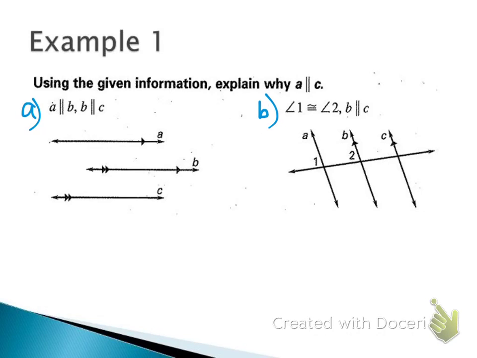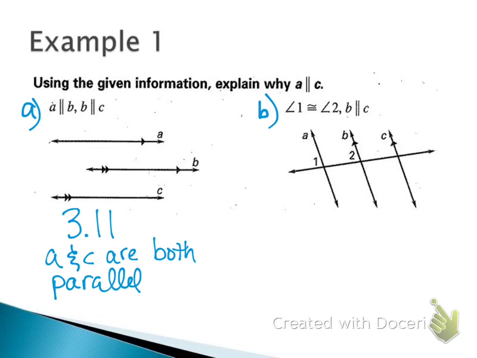Theorem 311 doesn't mean a whole lot to us in general. So we could say that because that's what we just talked about. Or you could say that A and C are both parallel to B. So they're parallel to the same line.